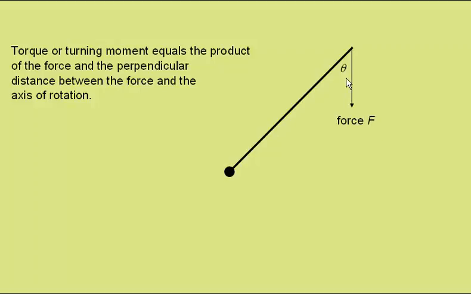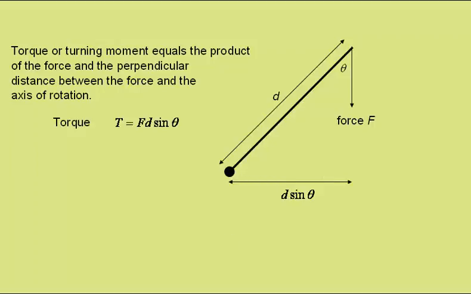This angle is theta, and the length of the bar I've called d. So this length here will be given by d sine theta, and this is the perpendicular distance from the force to the pivot point. And so the torque, T, is equal to Fd sine theta.